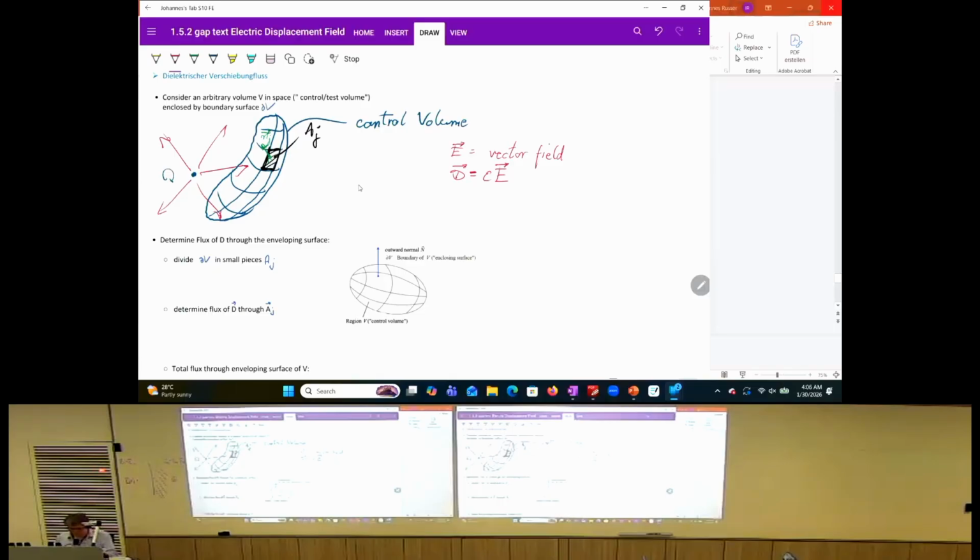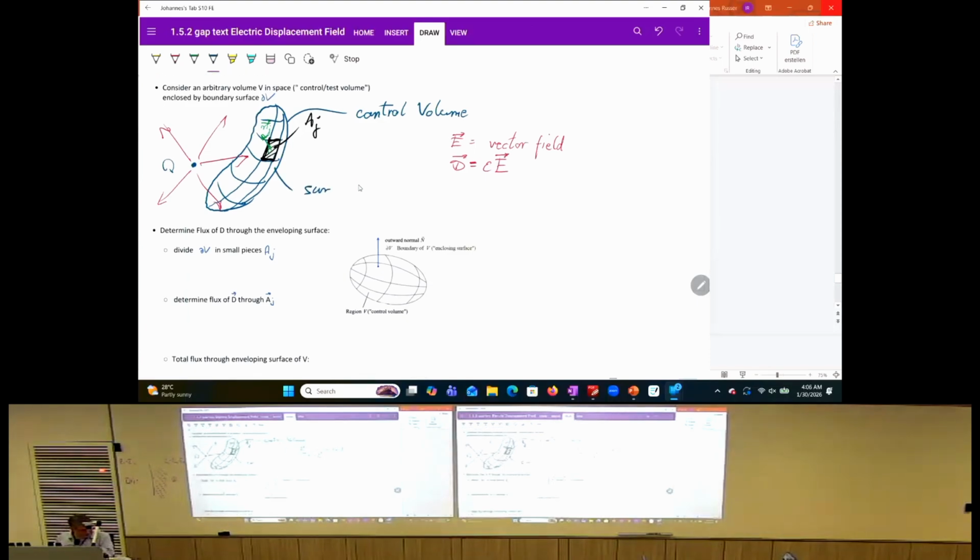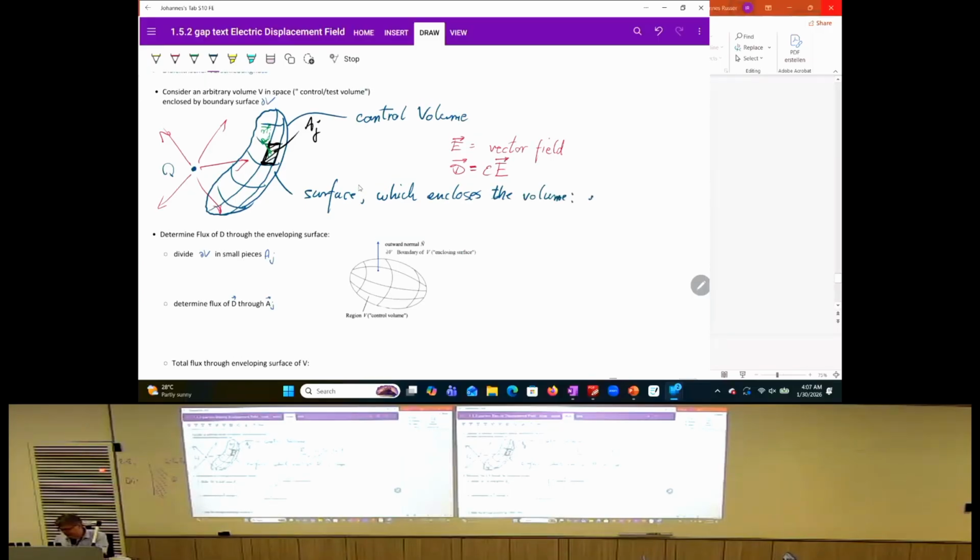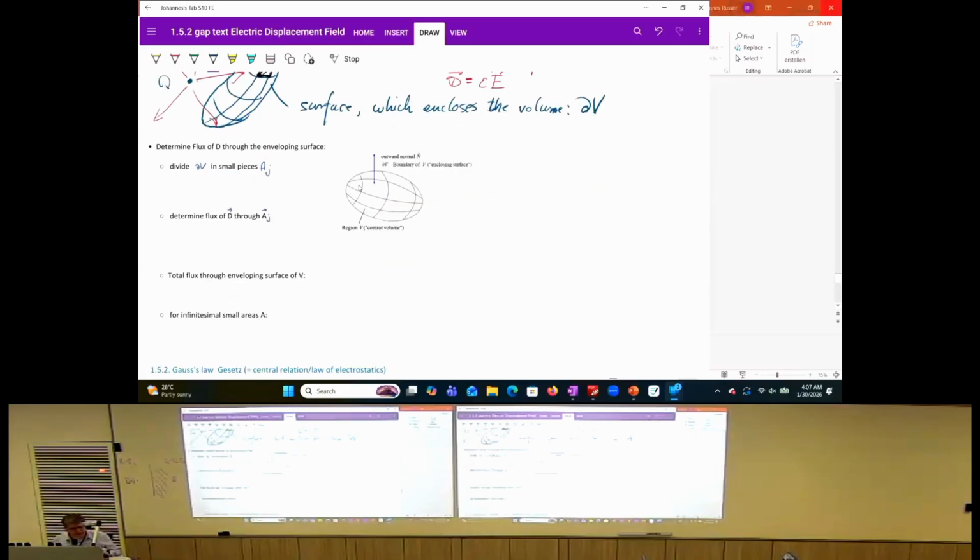So overall, this is a control volume, and this control volume has a surface which encloses this volume, and we denote this as dV. This is our closed surface which is enclosing the volume.